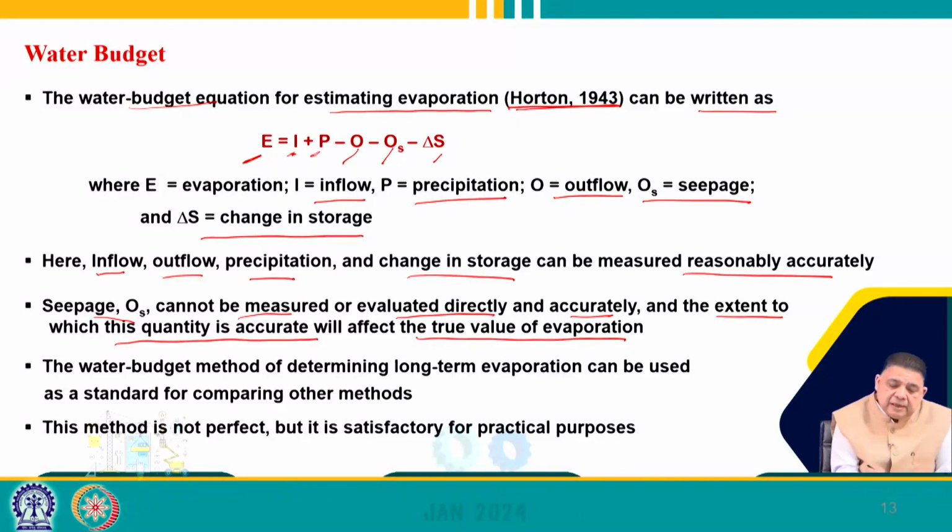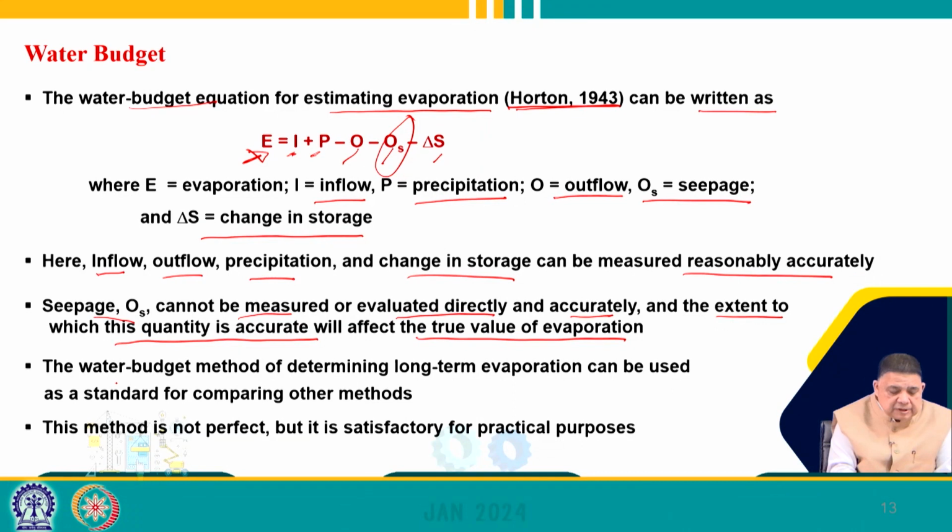So, basically as you can see, out of the variables we can determine most effectively, but for OS we have to depend on indirect methods, and if we can estimate this value effectively, then we can get a reasonably good estimation of evaporation using the water budget equation.